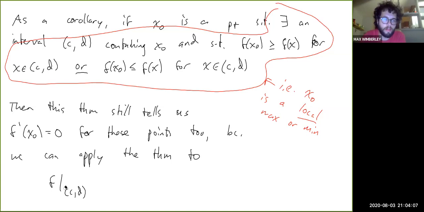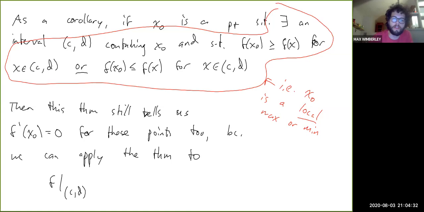Once you pass to the restriction of f to this interval, then x naught becomes a global max or min, right? It started off as a local max or min, but once you restrict to this small interval, it is actually a global max or min. So then the derivative of the restriction has to be 0, right?